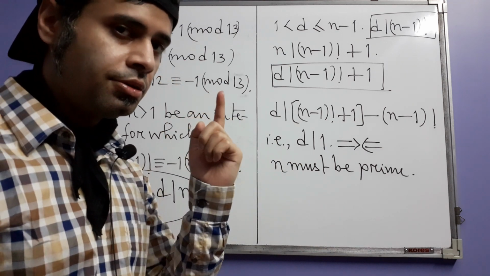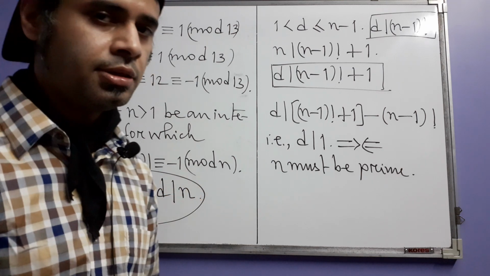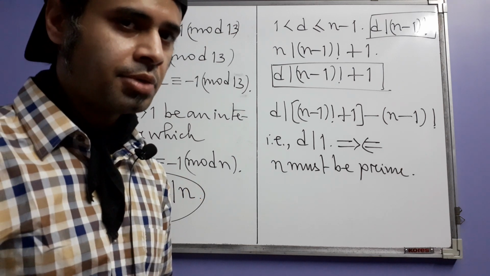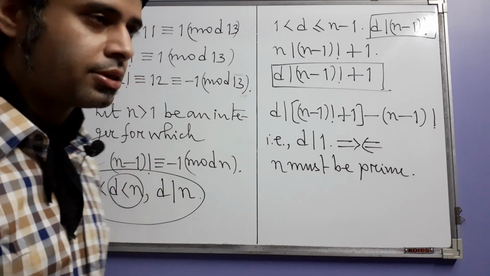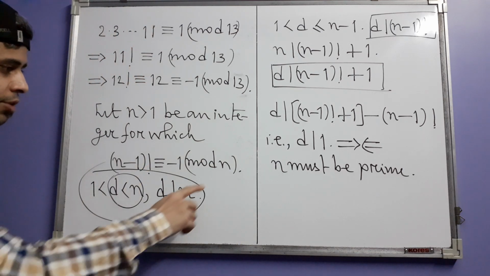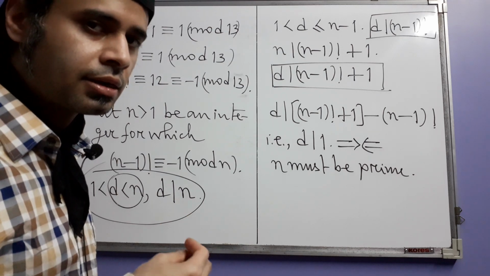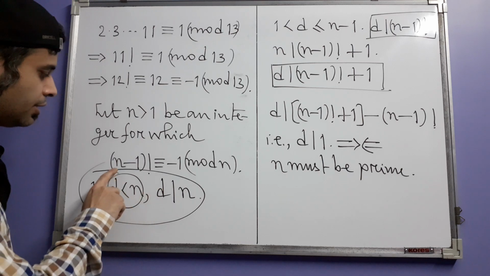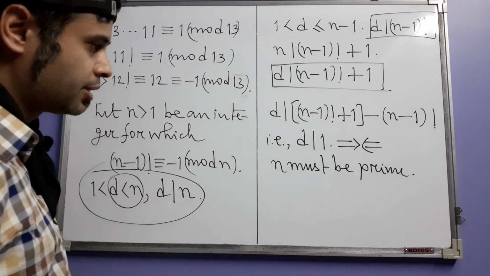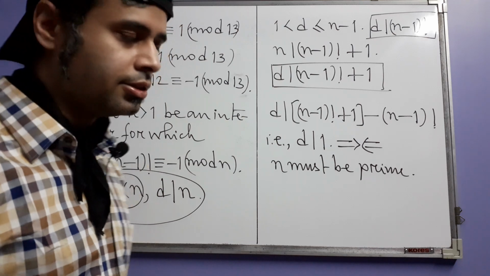But if it is not, then by Wilson's theorem n will be composite. But this is an impractical test. Why? Because for small values of n, we already have other means of checking whether n is prime or not. But for large values of n, n minus 1 factorial becomes so large so rapidly that it becomes unmanageable.